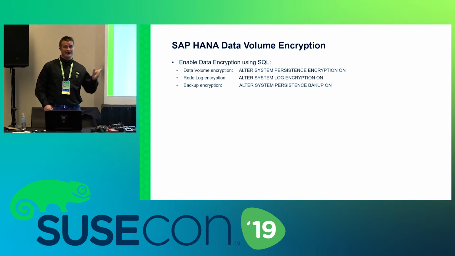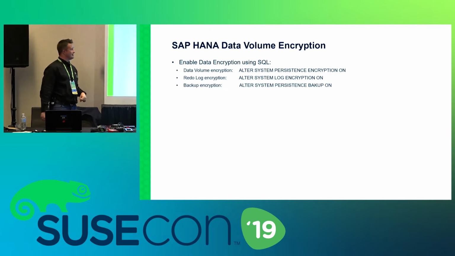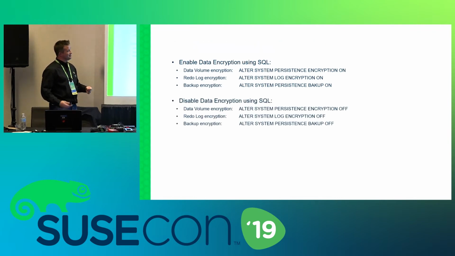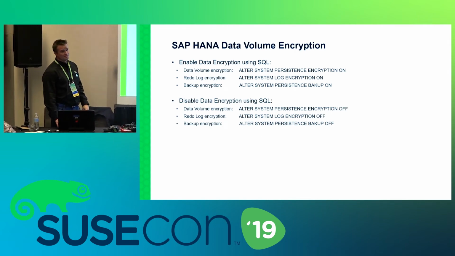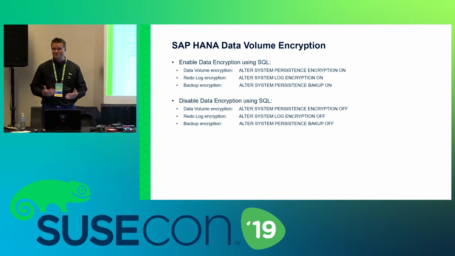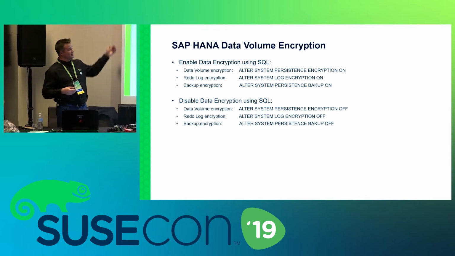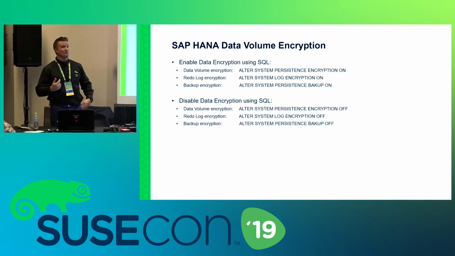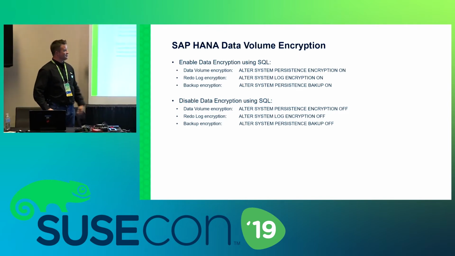Then you're using HANA encryption using CommonCryptoLib or OpenSSL, which is of course supported. If you want to disable the data encryption, which I probably would do if I'm already using another tool, using two methods is probably not a good idea. So if you had already set up encryption through HANA and you want to disable it afterwards, it would be a good idea to run these commands to disable it.